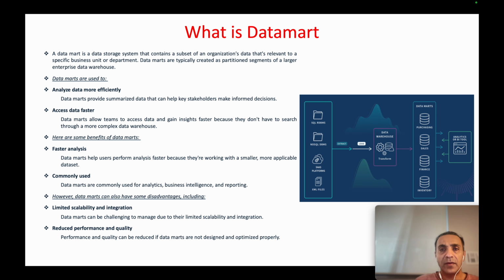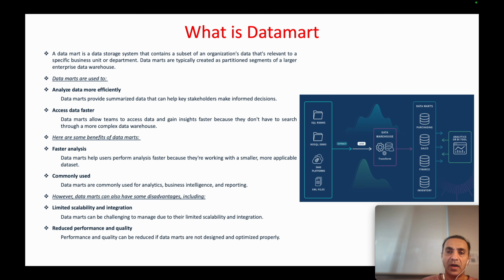So this one final type of data storage is called data mart. A data mart is a data storage system that contains a subset of an organization's data that is relevant to a specific business unit or department. Data marts are typically created as partition segments of a larger enterprise data warehouse.